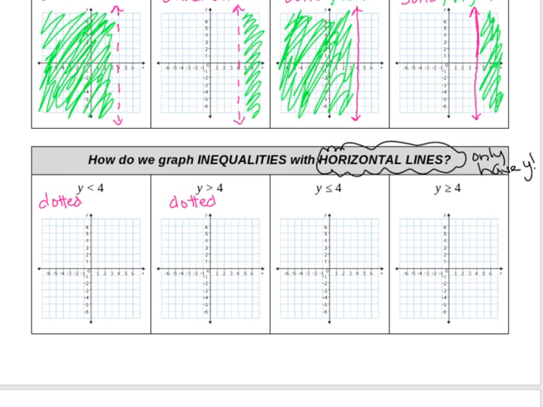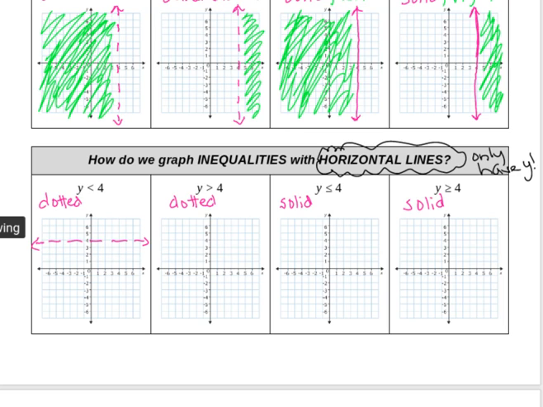And for the last two, because they are equal to, they are going to be solid lines. So let's go ahead and do that first one. y is less than 4, so we need a horizontal line at 4, and it's got to be dotted. So there's that with my arrows.